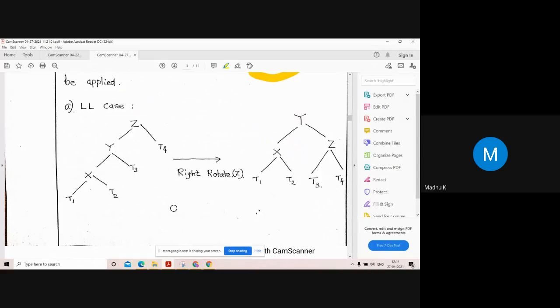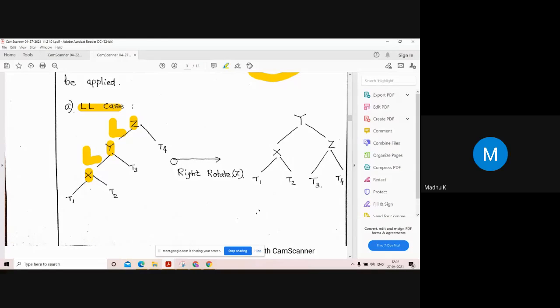So, the first case is the LL case. What does the LL case mean? You can note Z here, Y here, and X here. Basically, Y is left of Z, and X is left of Y. So this is called the LL case.